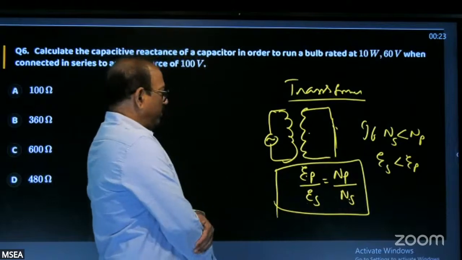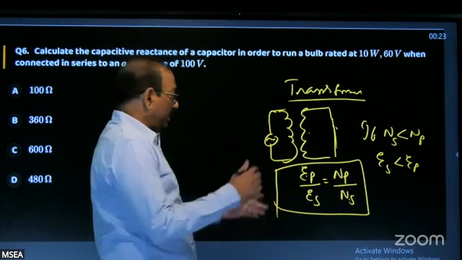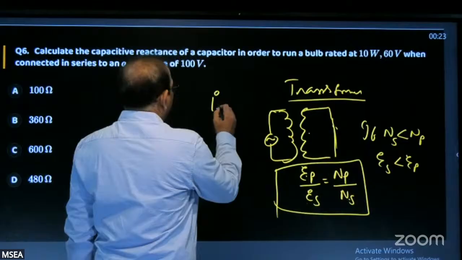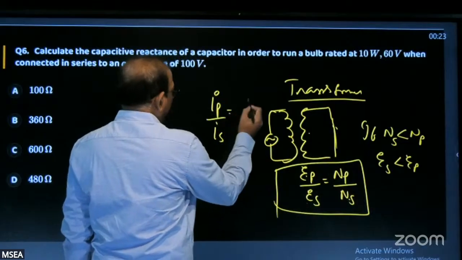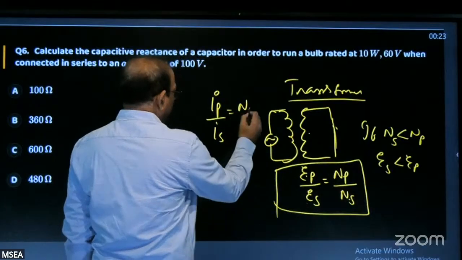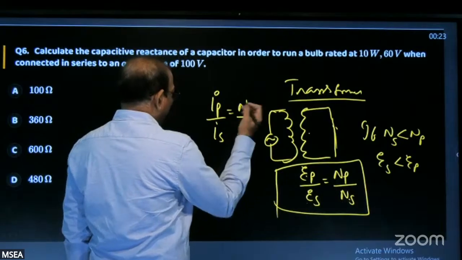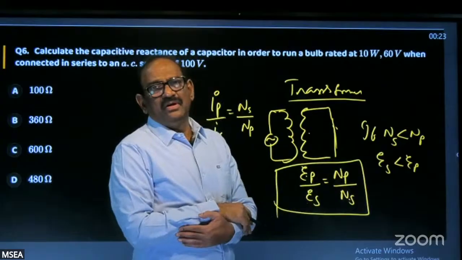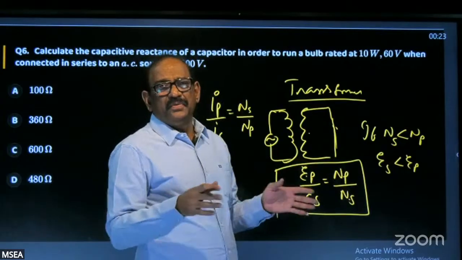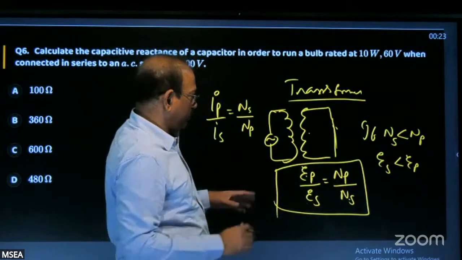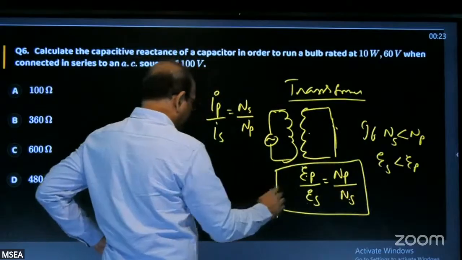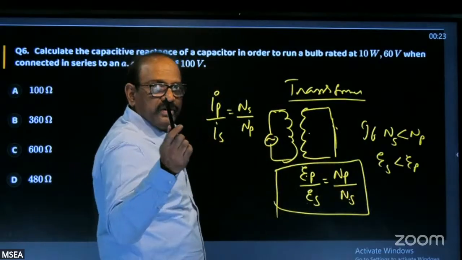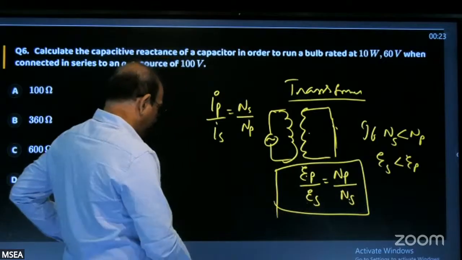Along with this transformer ratio, the current in primary by current in secondary is in inverse proportion, NS by NP. And next to that, efficiency of transformer is output power by input power into 100. This you need to practice in transformer. A transformer works on the mutual induction property.